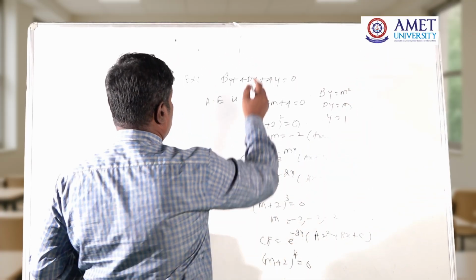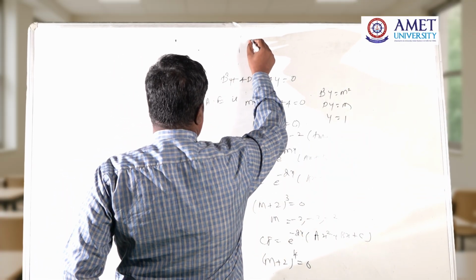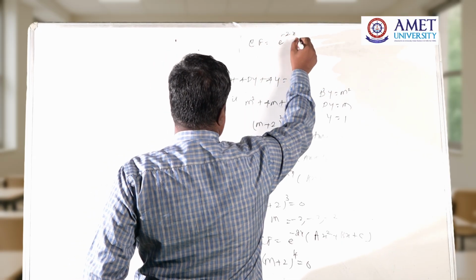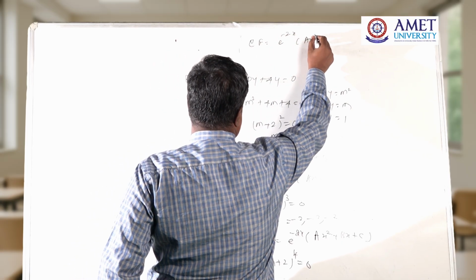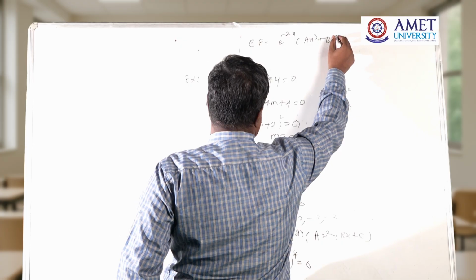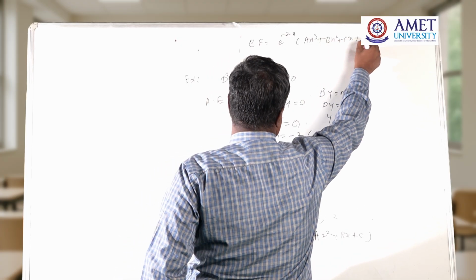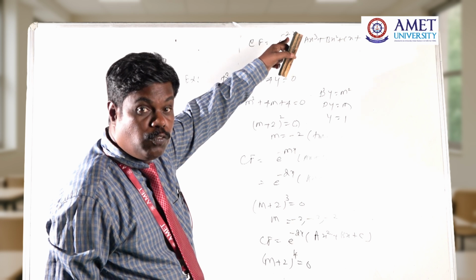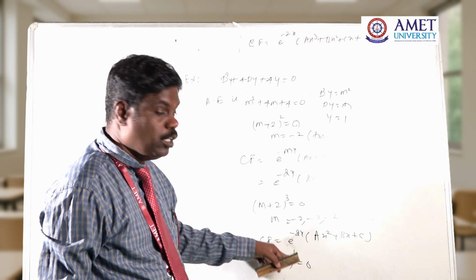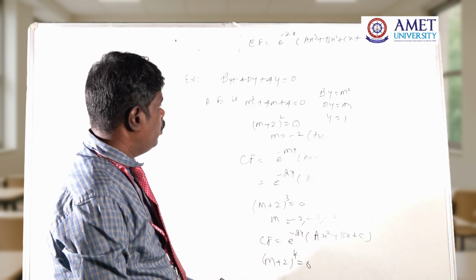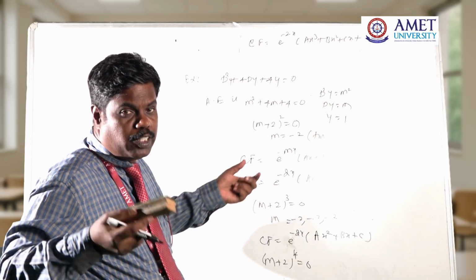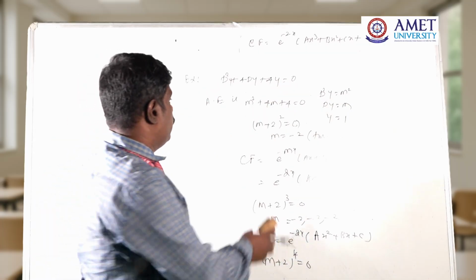Therefore, the complementary function is e power minus 2x, (ax cube plus bx squared plus cx plus d). How many arbitrary constants exist? 4 arbitrary constants, because it is fourth order. So if you know the second order, obviously you can extend into the higher order.